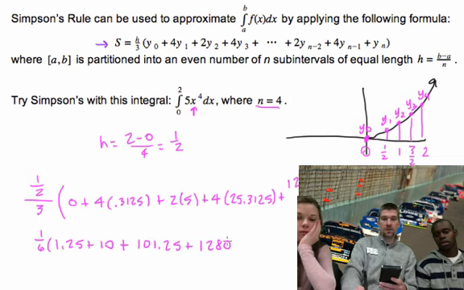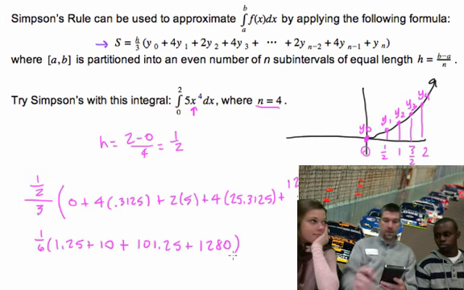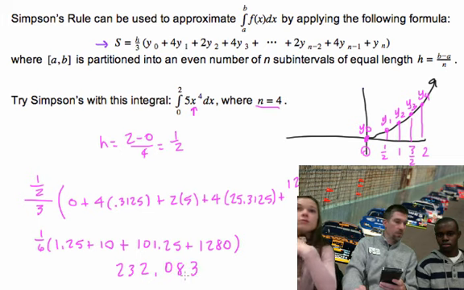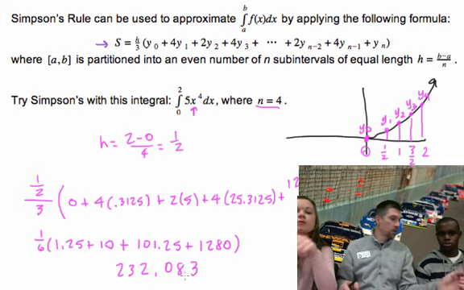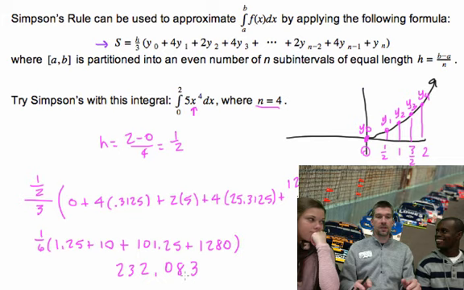And whatever this answer is should be the area under our curve. So 1/6 times all of that, and I get 232.083. And so there you go. There's Simpson's rule.